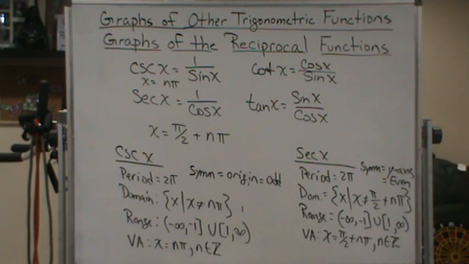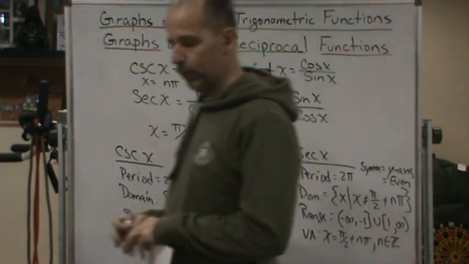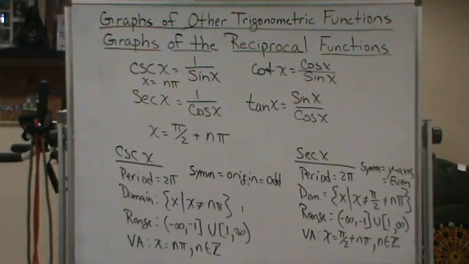And then you find the reciprocals of the y-coordinates to obtain the points that are on the graph of the cosecant function. We'll do some examples and I'll show you the procedure, and it'll make more sense.